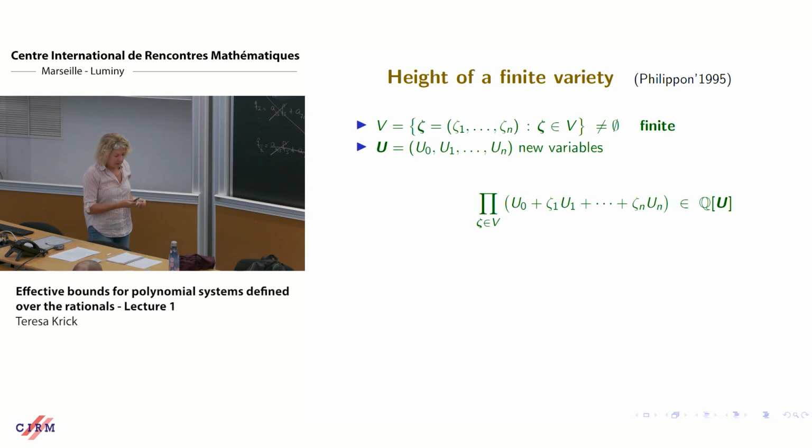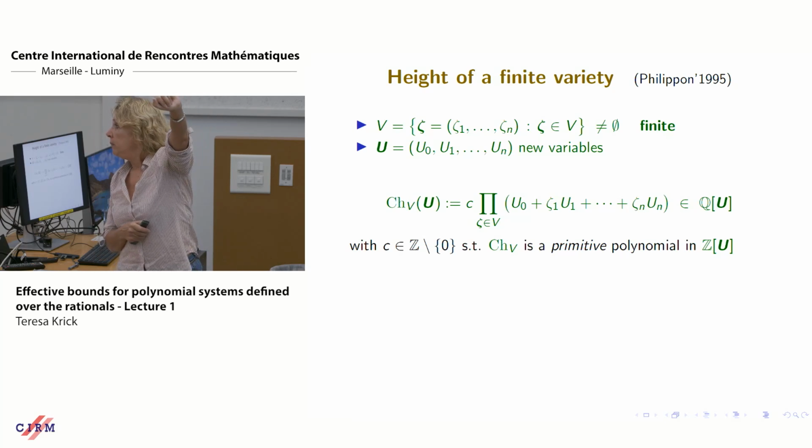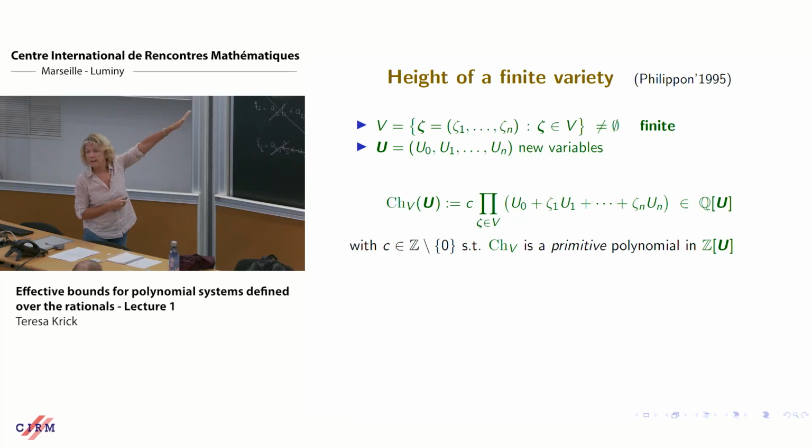And if I properly multiply it by a common denominator, because it's in Q of u, I can take the smallest one, I can multiply by it, and this will now be a polynomial in Z of u, which I can choose primitive. So there is no GCD between the coefficients.